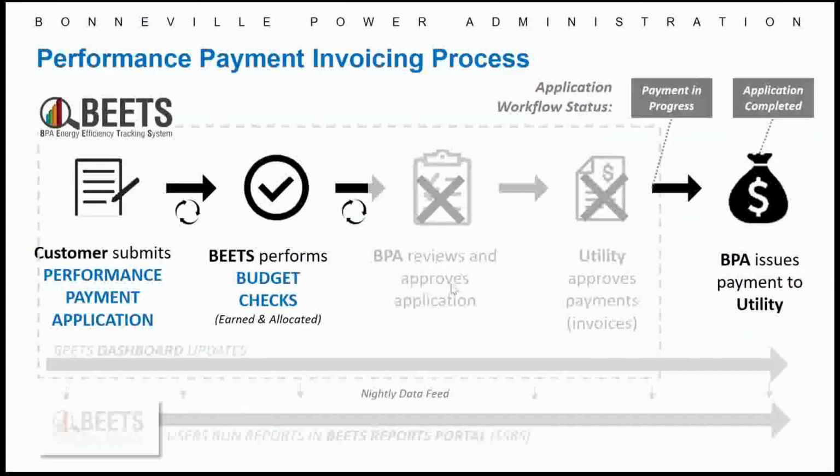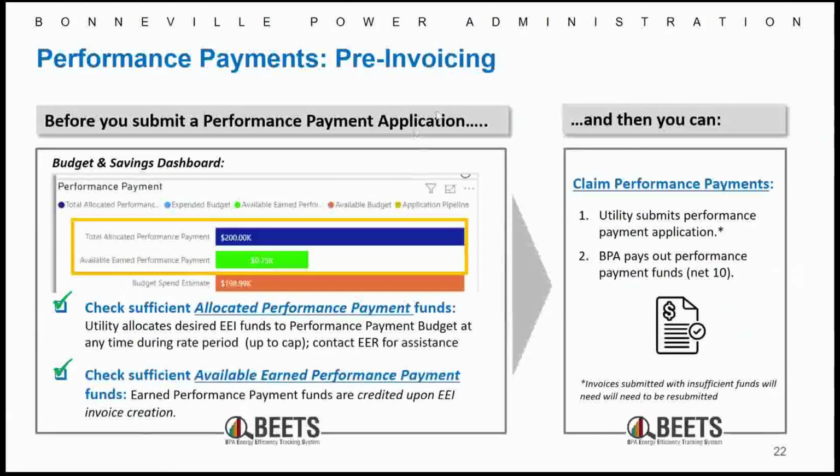So those steps of reviewing and approving, that doesn't happen. It's all automated, and there's no separate step needed for performance payments for the utility to go in and actually approve those.